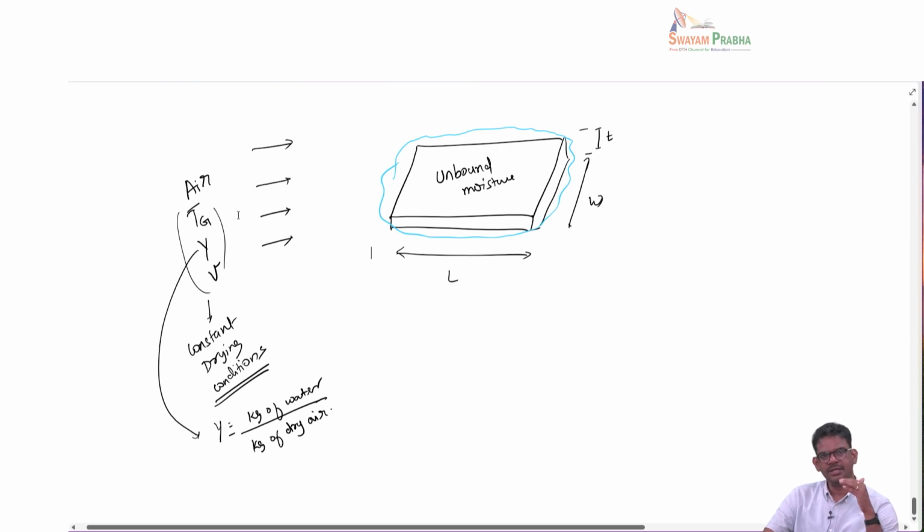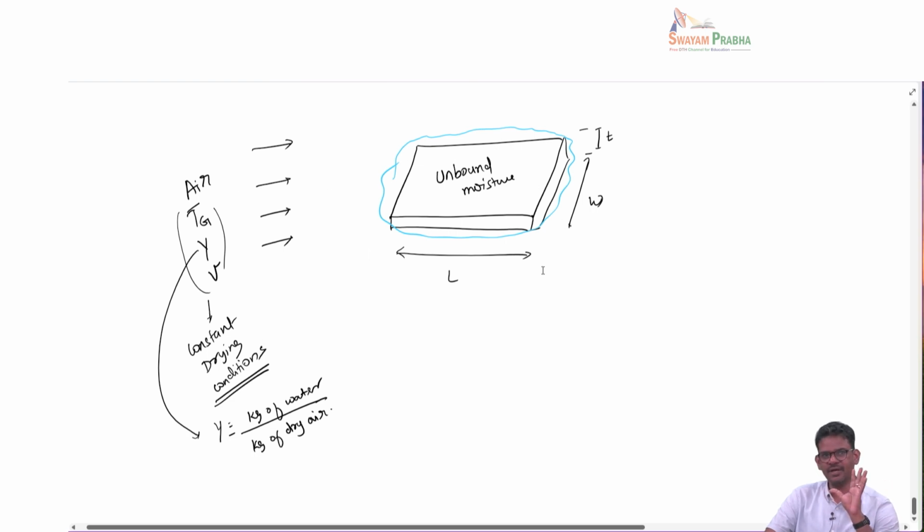Well, the air is coming with a particular temperature with certain humidity, and there is going to be some heat transfer. Some amount of heat is going to be transferred from the air to the solid, because there is a temperature difference. So the moment you have a temperature difference, there is going to be heat flux, and usually the air temperature is higher than that of the solid, so some amount of heat will come.